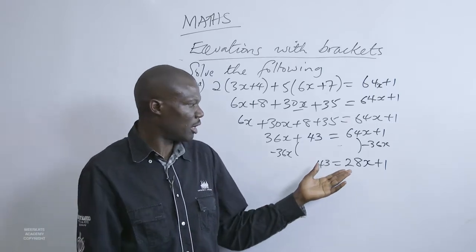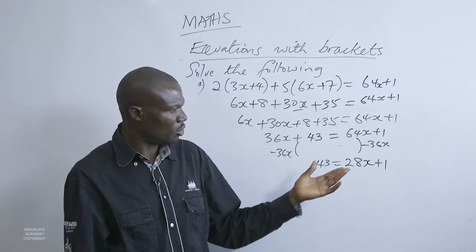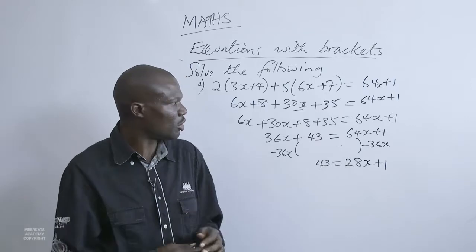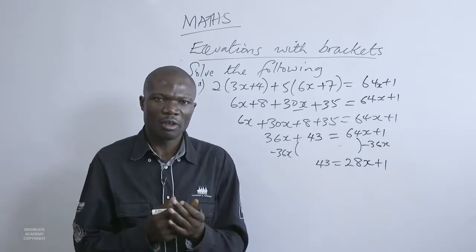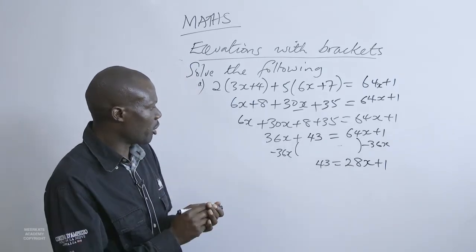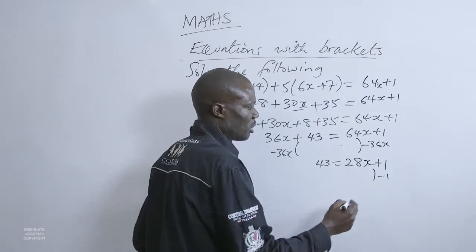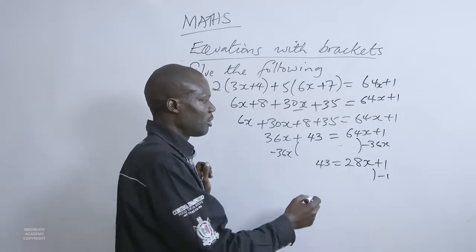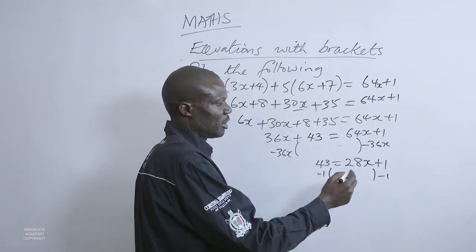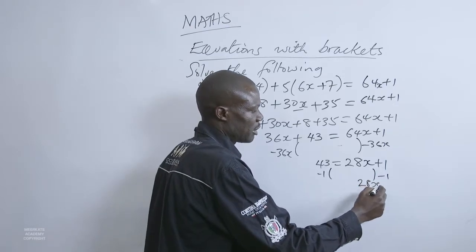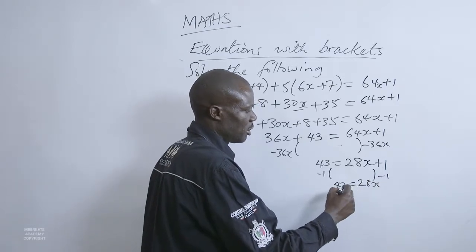Now, looking at this, we have not finished because we need to solve and get the value of x. So on this side we subtract 1, and also on this side we subtract 1. When you do that, you remain with 28x is equal to 42.